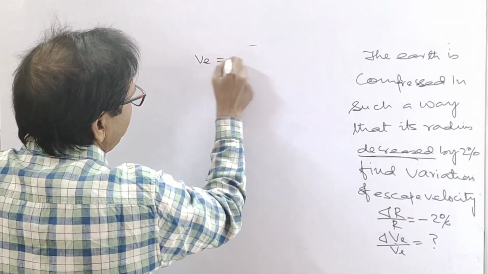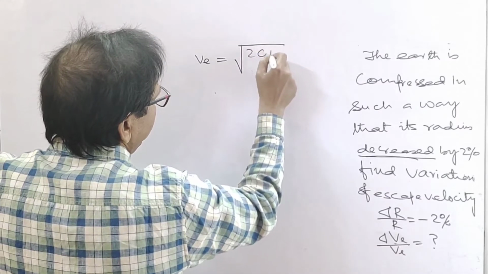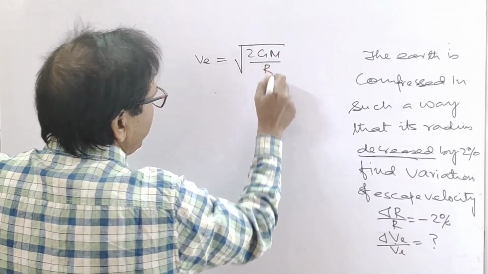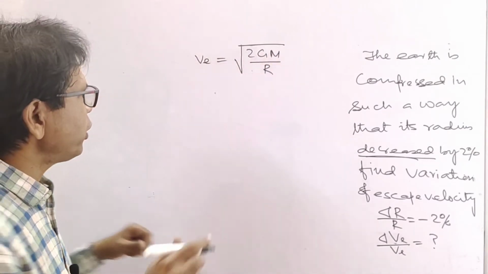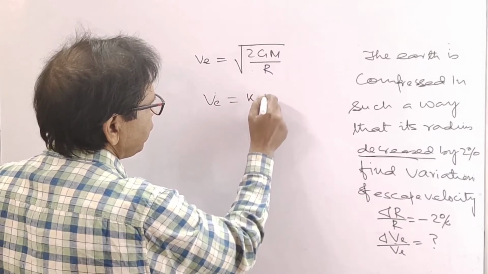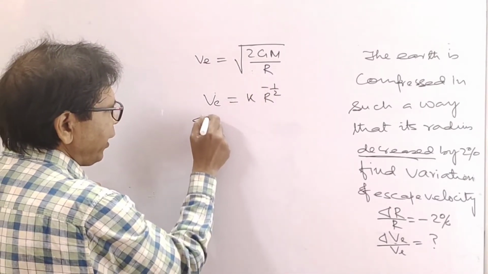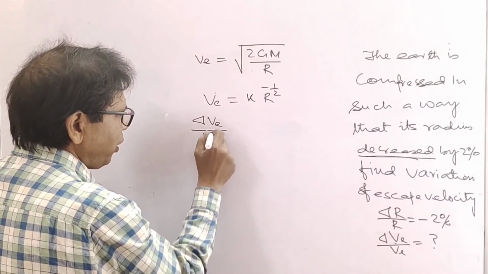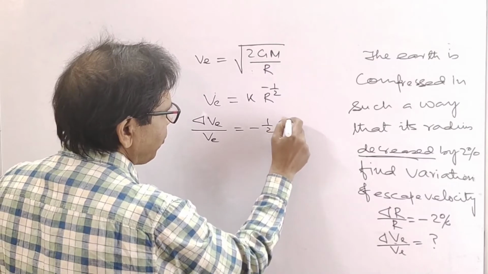Now the expression of escape velocity, look at this, this is root over 2GM divided by r. Here 2, capital G and capital M are constant. So we can write v equals k r to the power minus half. So delta v by v equals minus half delta r by r.